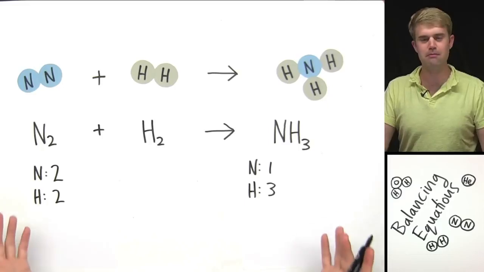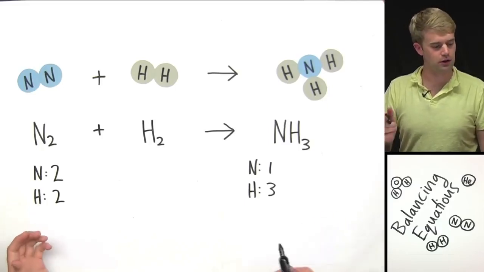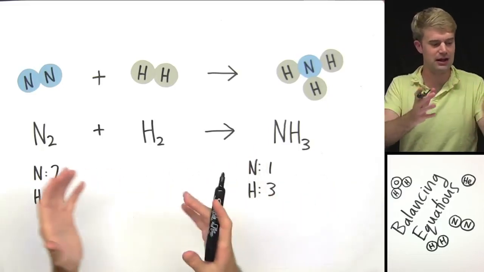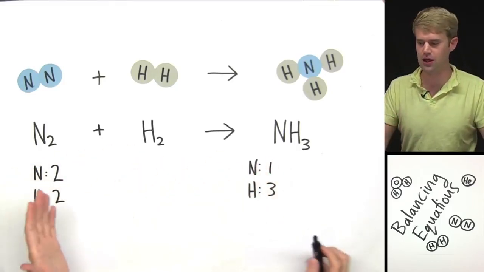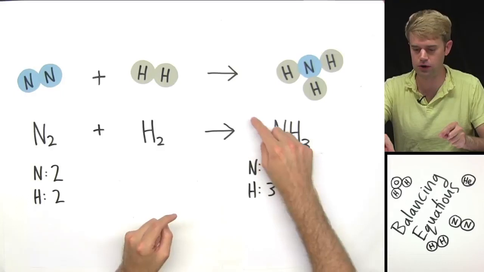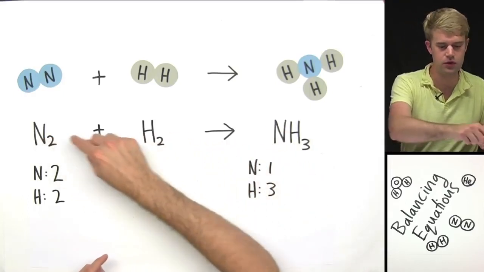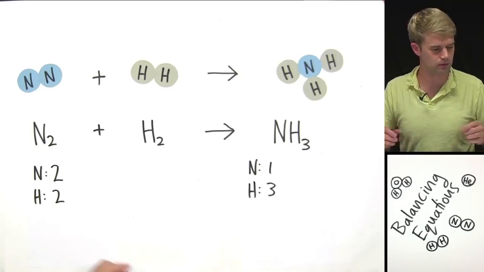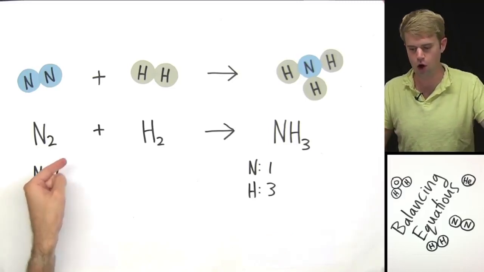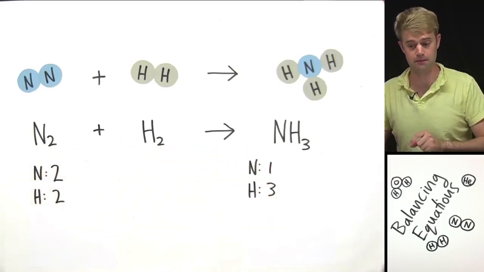So to start balancing this, you want to look at where you have an imbalance of atoms, where you don't have the same number of atoms, and you want to think about what you could multiply one of these compounds by. Okay, so let's look at nitrogen right here. We have 2 nitrogens here, we only have 1 here. Okay?